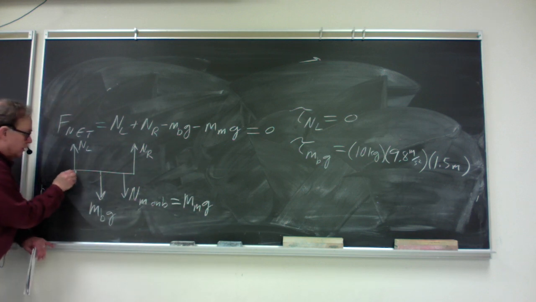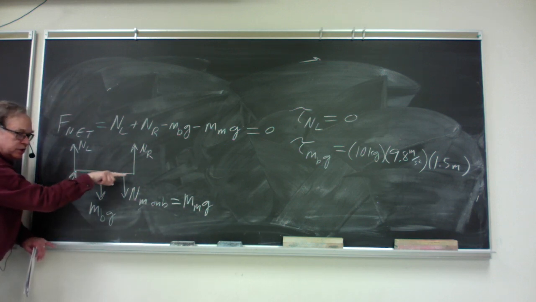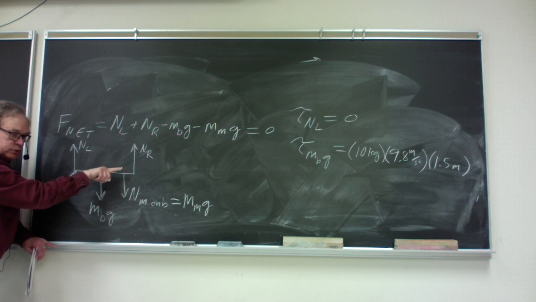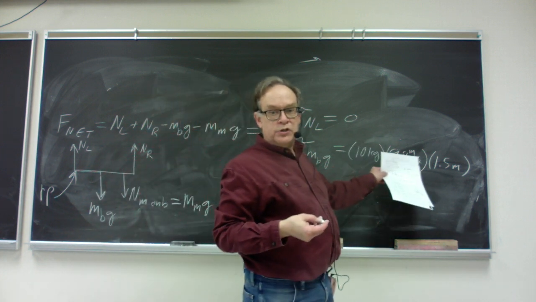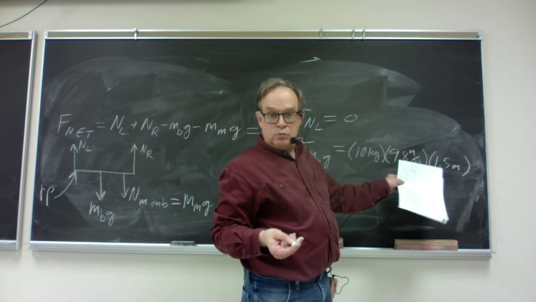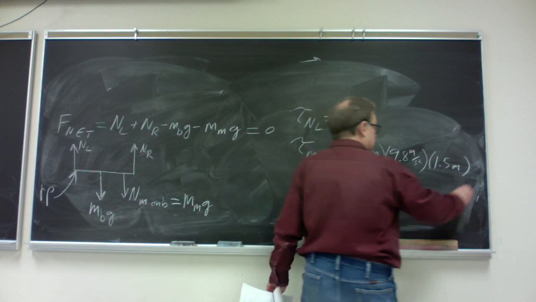The displacement is straight to the right, and the force is straight down. So the angle between displacement and force is 90 degrees. So that sine factor in the torque equation is sine of 90 degrees, which is 1.